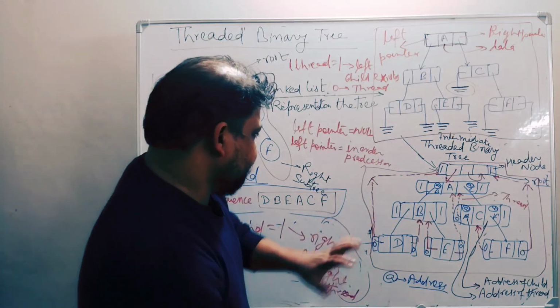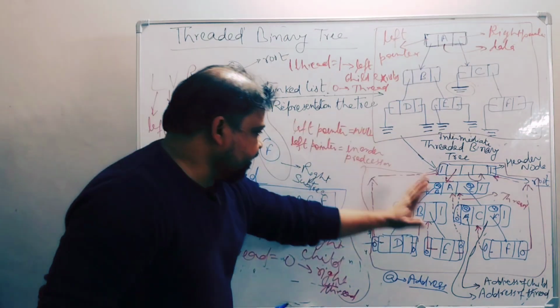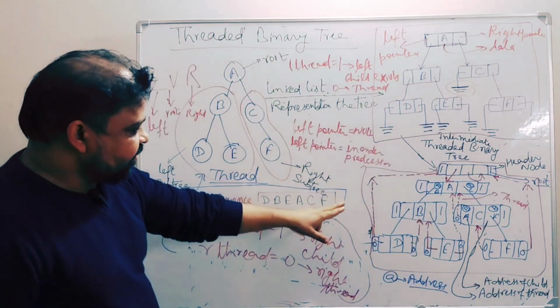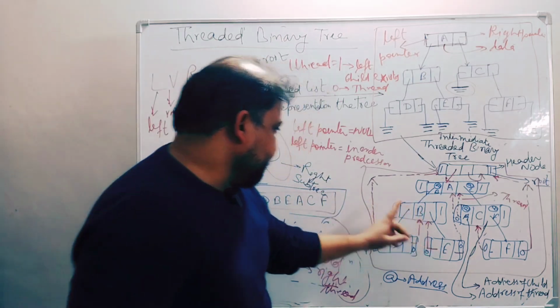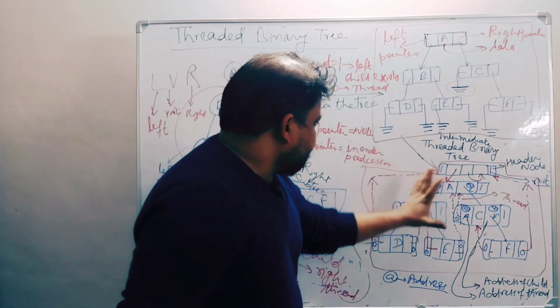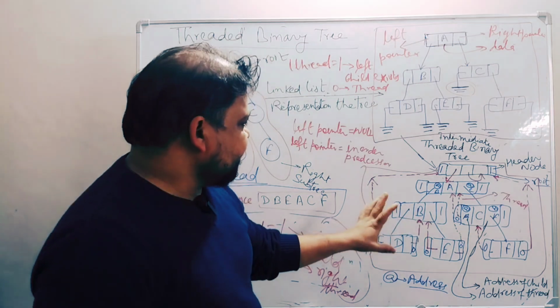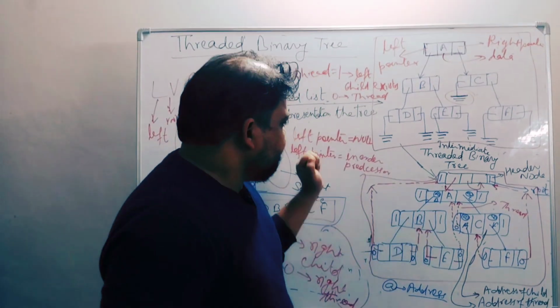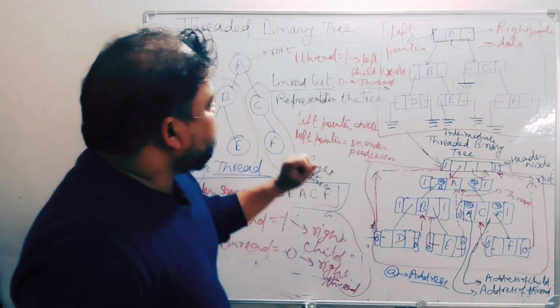So this is the entire representation of your binary tree in the form of a threaded binary tree. Here you can see each and every field is representing some memory block, and that is used in an optimum manner to save the data of a tree.